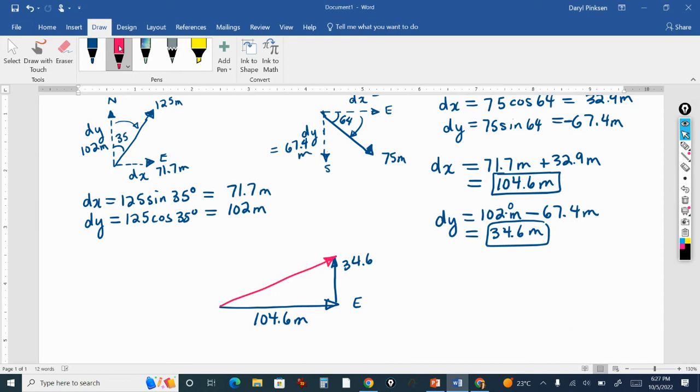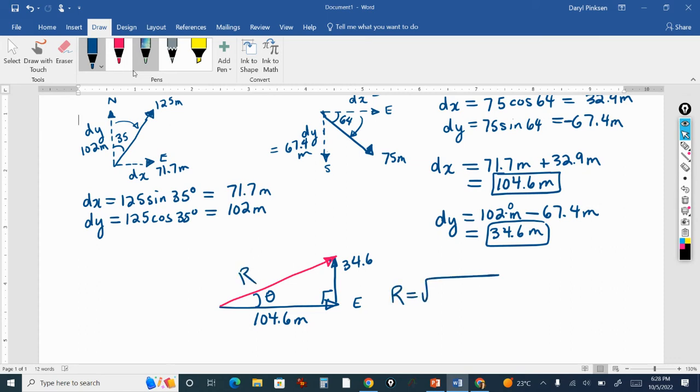So we've broken down each one of these two vectors into their x and y components and added the x components of the two vectors and added the y components of the two vectors, and we end up with this new triangle, which we can now use the Pythagorean theorem on and our trig function. So now we can get the resultant.